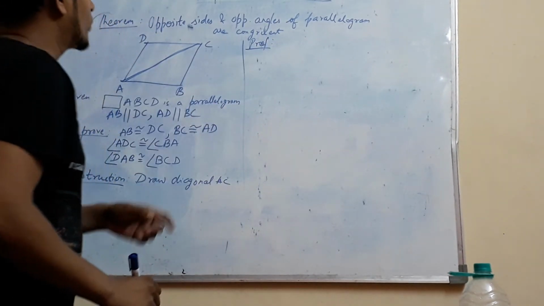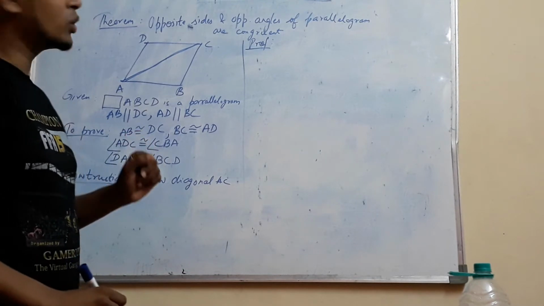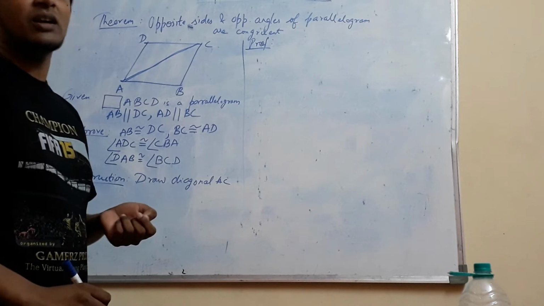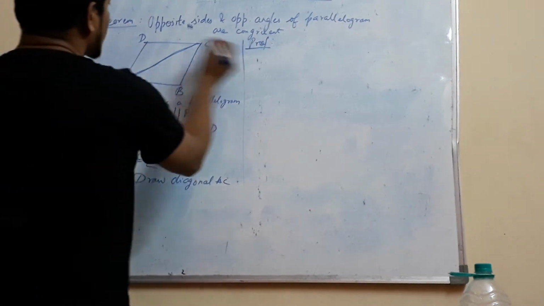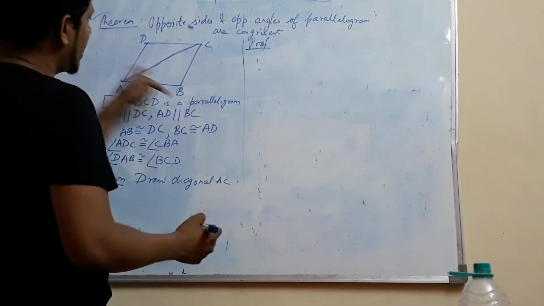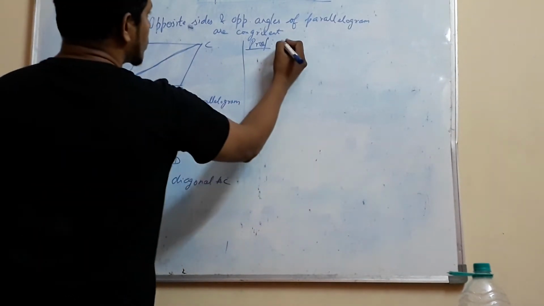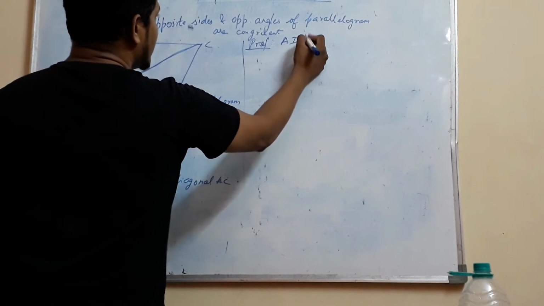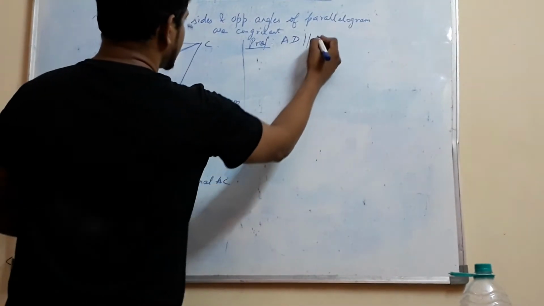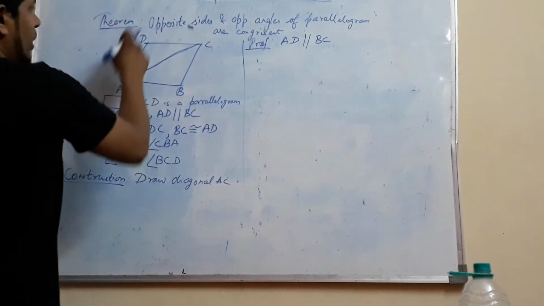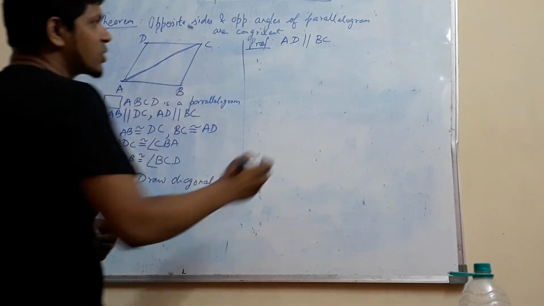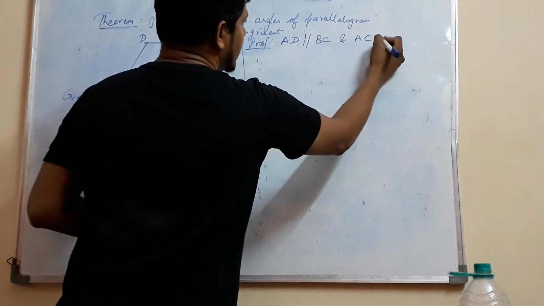Okay. So regarding the proof, since AC is the diagonal, we can consider it as a transversal. So we know that AD is parallel to BC and we can take AC as the transversal.